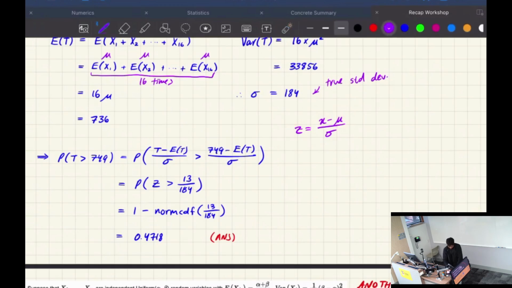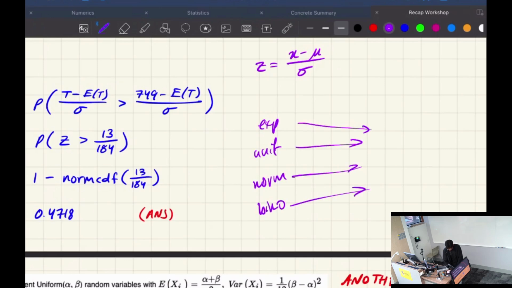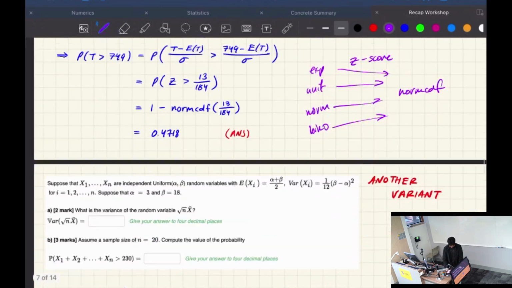So you can have different distributions, like exponential, uniform, normal, binomial. But if you want to standardize it all into one, even though norm CDF works, we're going to have to use a z-score, and then you can just use norm CDF.